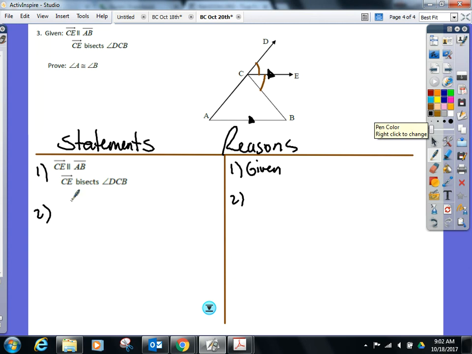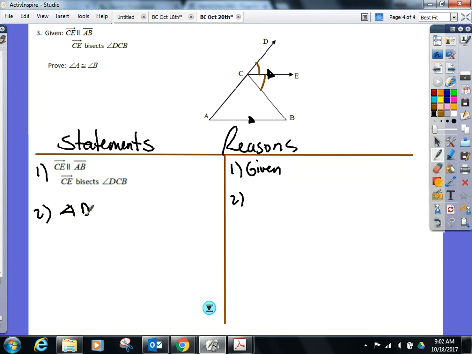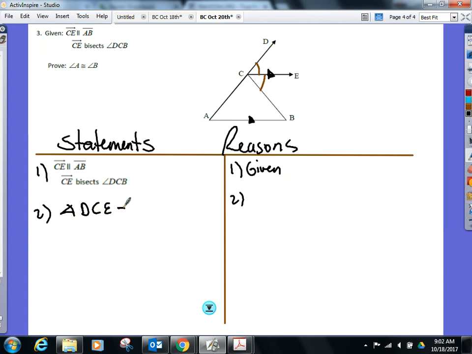Angle DCE is congruent to angle ECB by definition of a bisector.